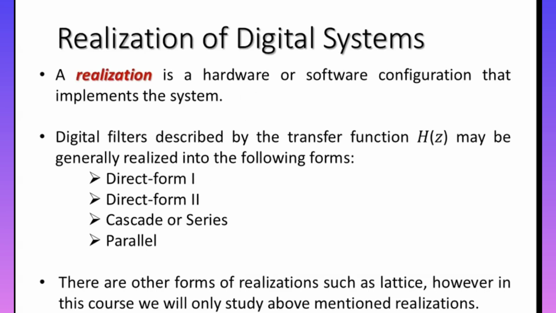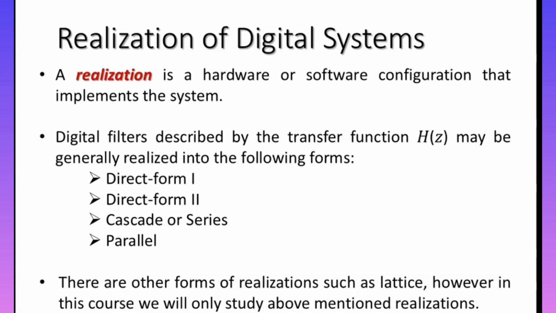Realization is a hardware or software configuration that implements the system. The digital filter is represented by a transfer function H(z), which may generally be realized in the following forms: direct form 1, direct form 2, cascade or series, and parallel form. There are other forms of realization such as lattice, but we are not going to study them here.